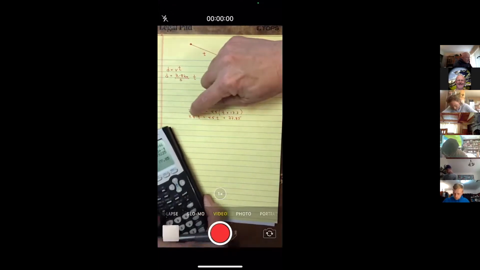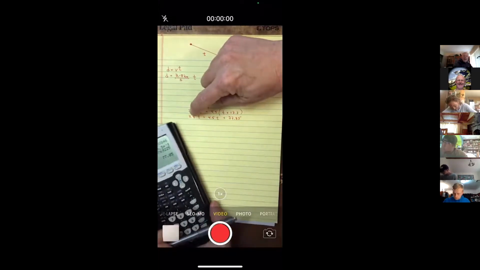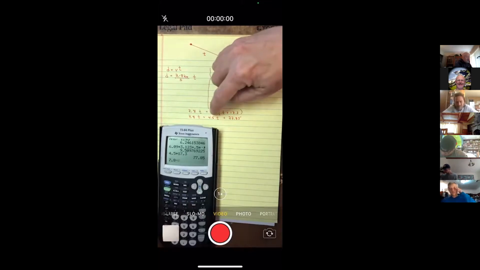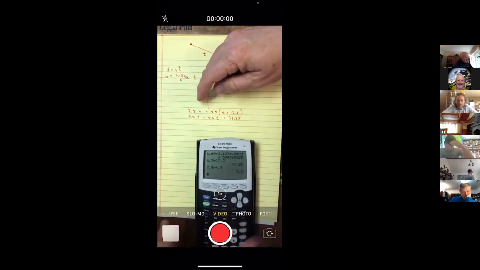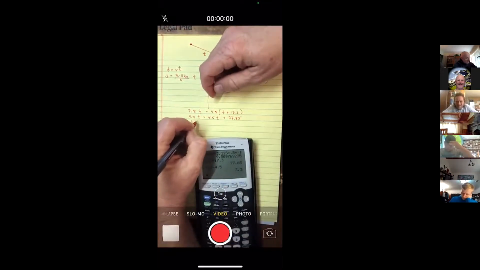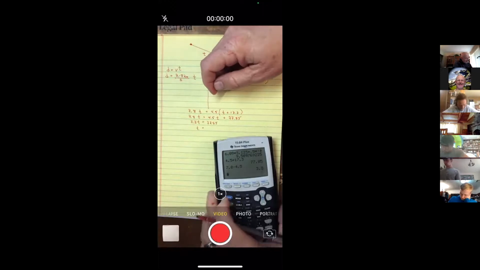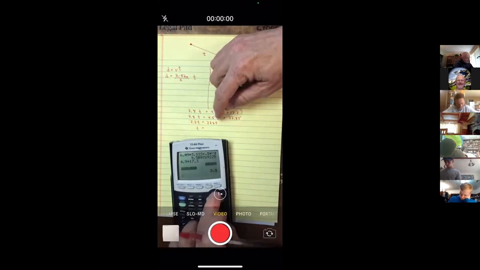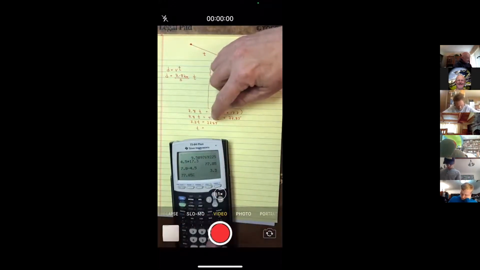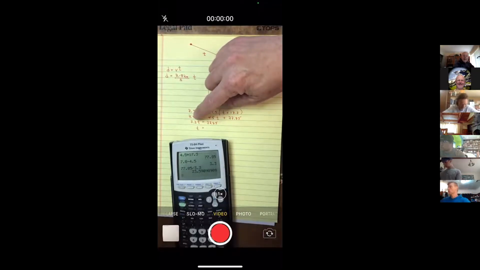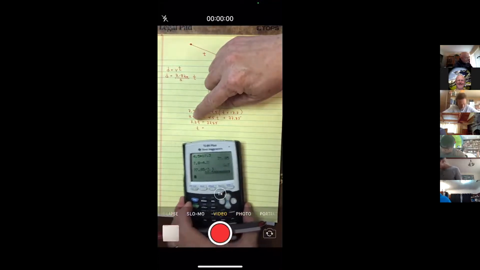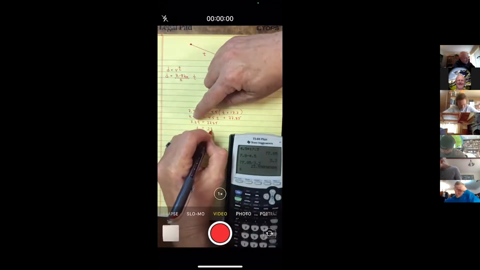I'll move this over to here, and I'd have 7.8 minus 4.5, and so this becomes 3.3 t equals 77.85. And then finally, you take that 77.85 and divide it by 3.3, and I get 23.6 seconds.